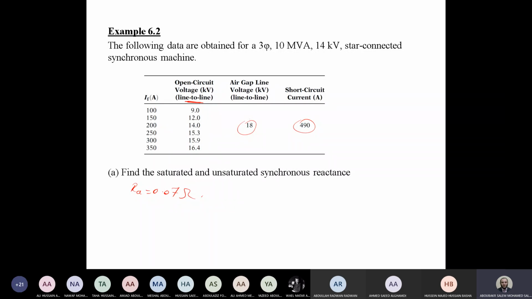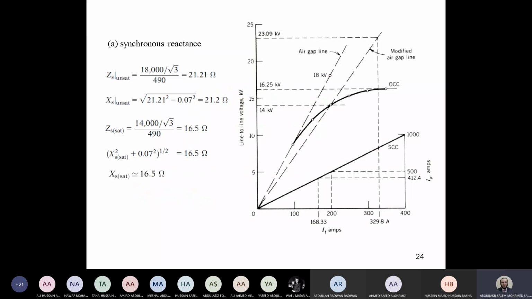So simply we can plot the characteristics. We have the characteristics of open circuit, so we can plot the curve. And we have also the air gap line characteristic, it's given, and we have as well the short circuit characteristic. Actually, we can solve this problem without plotting.